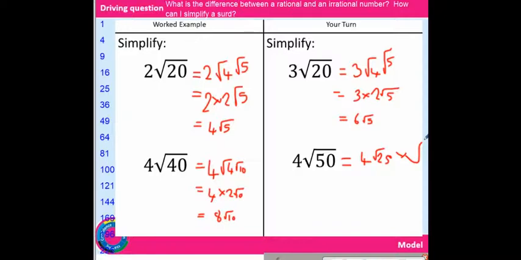Oops. Let's try that again. 4 multiplied by root 25 multiplied by root 2, which is 4 multiplied by 5 root 2. Whoops, what's going on here?